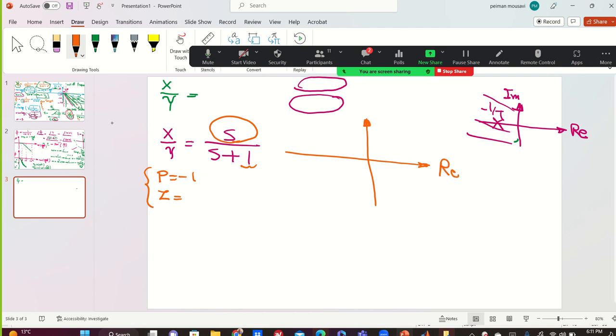Solve this equation. I solved this equation, I got p is equal to -1. Solve this equation. Zero is at where? Guys, at where?